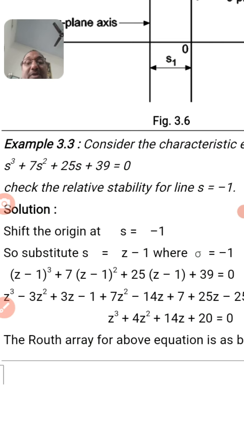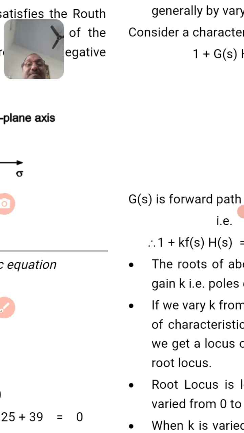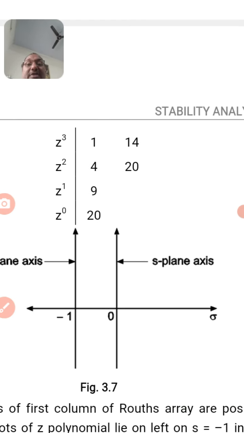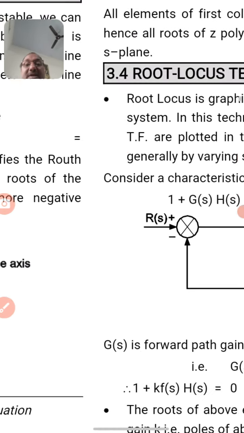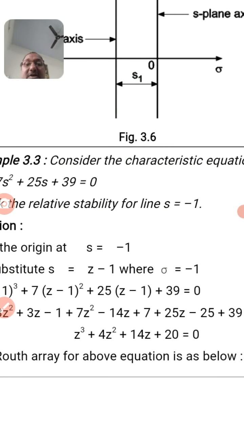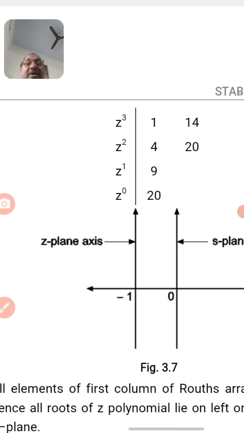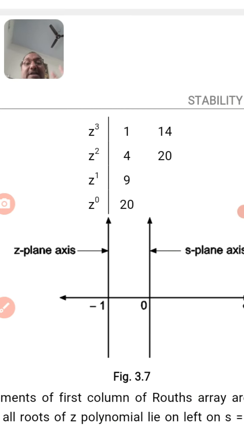That means we will now solve this equation using Routh-Hurwitz criteria, and then we will check its stability. So let us solve it. So it is 1, 14, 4 and 20, from this equation.